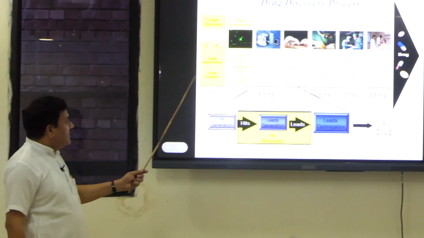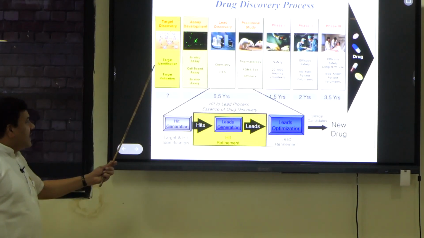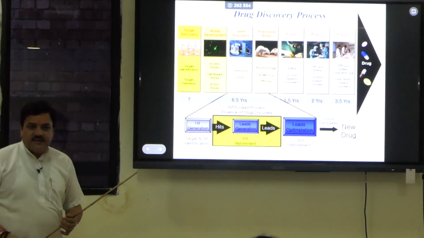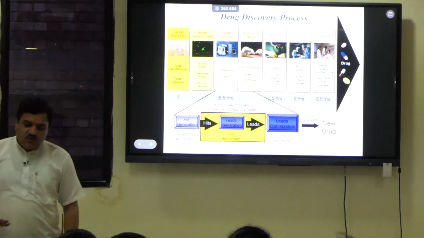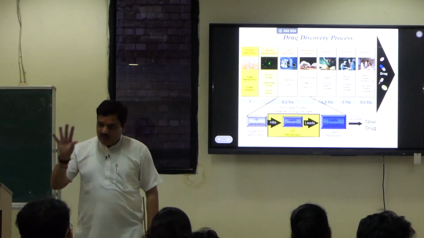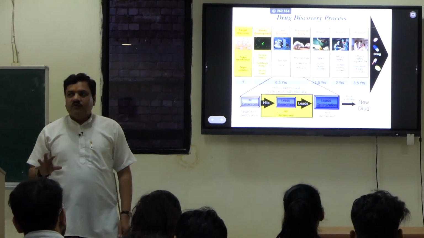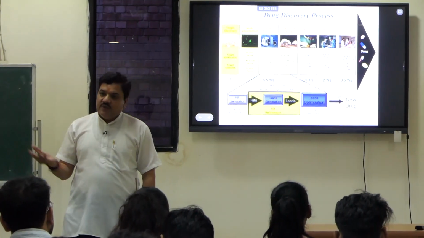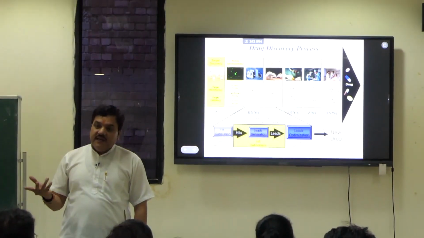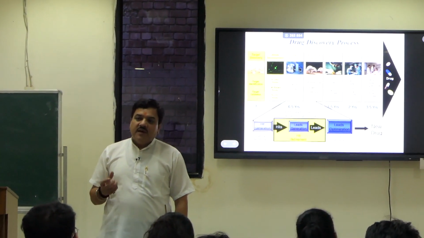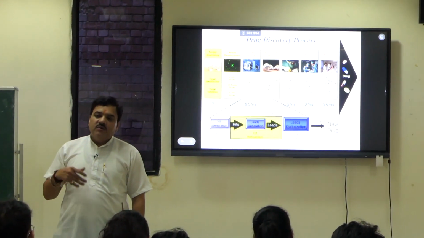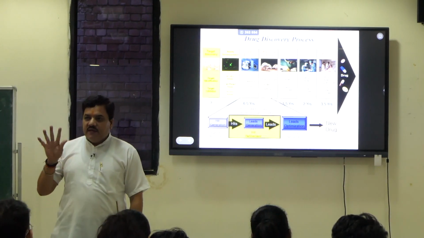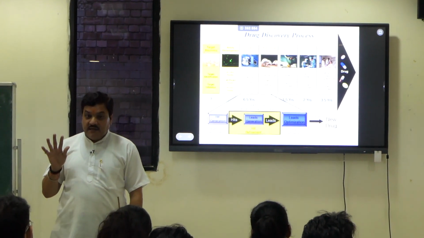The very first step in the drug discovery process is target identification and target verification. If you are making a drug, what target are you going to go after, what is its structure, what is the structure of the protein or enzyme, what are their natural ligands, and how will the molecule you are designing bind to them? So the very first step is target identification.